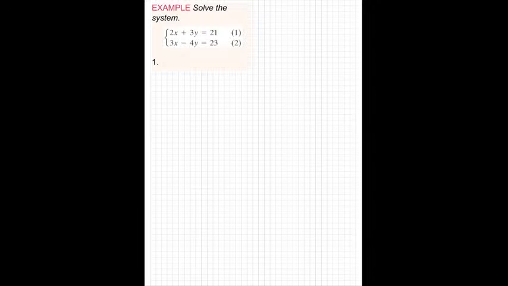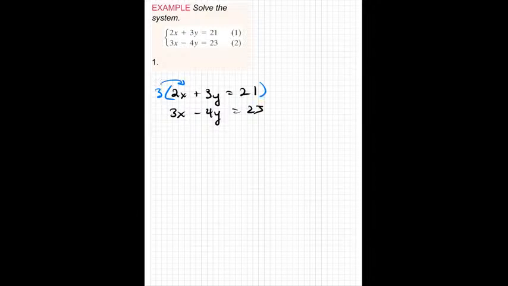So let me start by getting a copy of the original. We have 2x plus 3y equals 21. We also have 3x minus 4y equals 23. So I'm going to multiply the top one by 3 and distribute this 3 across all the terms.